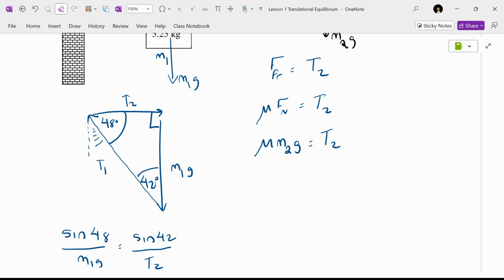Now I have a choice. I can get this tension 2 by itself and stick it in for here, or because tension 2 is mu m2g, I could replace tension 2 with mu m2g. Those will get you the same place no matter what. I think I'm going to get tension 2 by itself. So I'm going to rewrite this as tension 2 equals m1g sine 42 divided by sine 48.